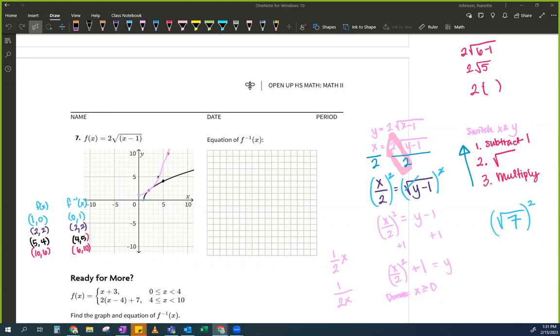Very good. Domain is the X. And what did you tell me to do with X and Y? Switch it, right? So if you're asking about the inverse's x's, you should look at your function's what? X?